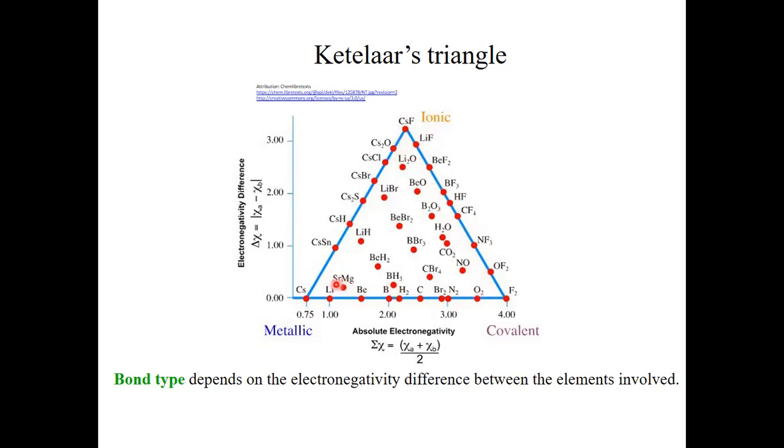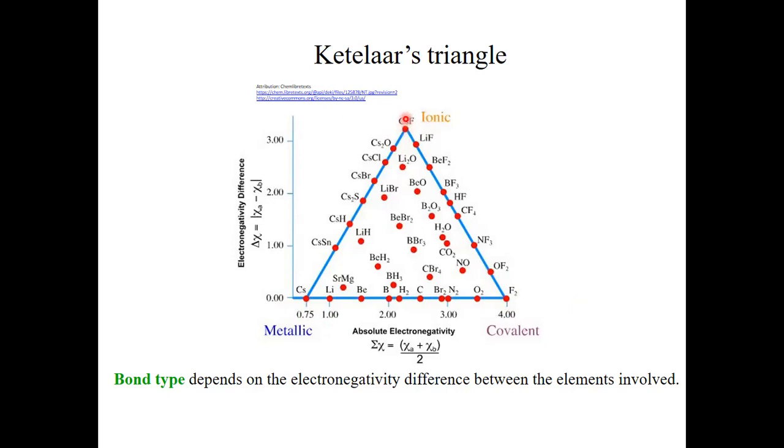Now the corners of this triangle represent extreme bonding situations. In this corner we would have the most metallic situation. In this corner we would have the most covalent situation, and in this corner we would have the most ionic situation, because for cesium fluoride the electronegativity difference is the greatest.